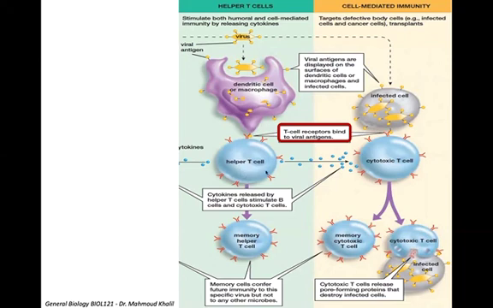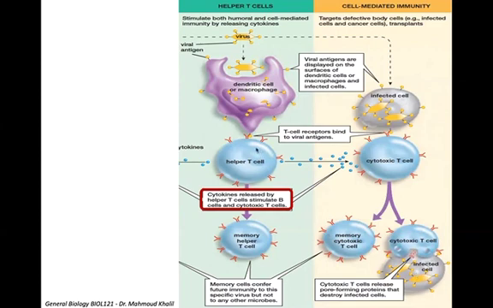This leads to secretion of cytokines that activate the cytotoxic T lymphocyte to bind to the infected cells and carry out cell-mediated immunity. Soon after, it can differentiate into a memory cytotoxic T cell and cytotoxic TC cells as well, to continue killing other infected cells.